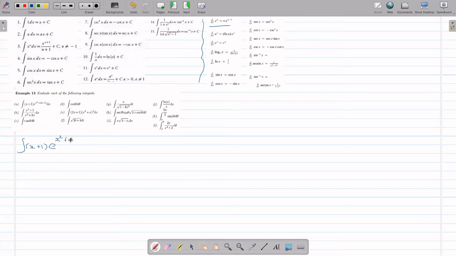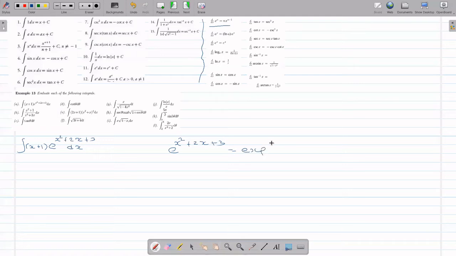plus 3 dx. Okay, so here remember that inside function is this. When I have the e exponential function, this one, x squared plus 2x plus 3, actually it's the exponential function, no?